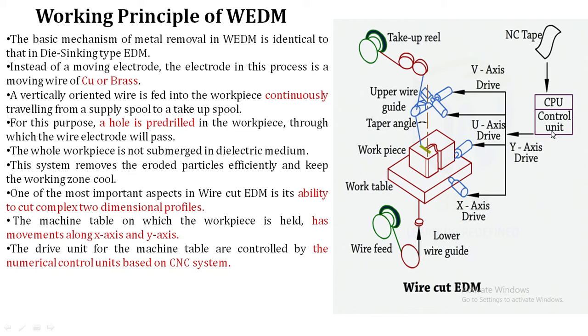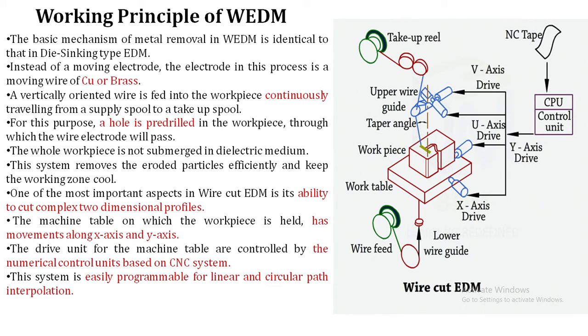Whatever programming instruction is given by the CNC control unit, these drives, which are shown in the blue shade, move accordingly. So that is the principle of the wire EDM process.